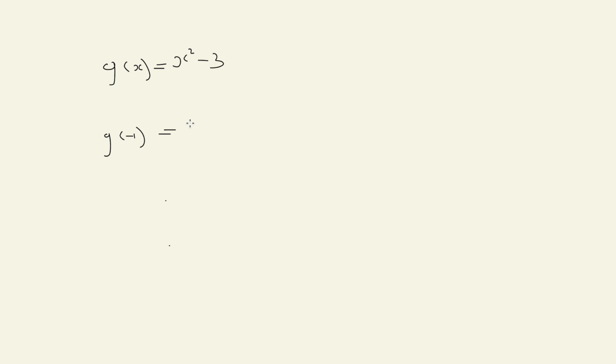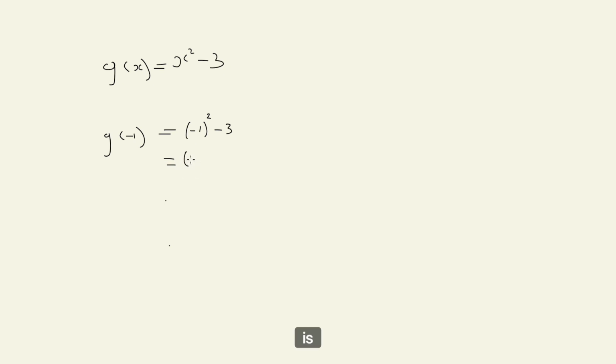We take the value minus 1 and substitute it for x in the function. Now, negative 1 squared is the same as negative 1 multiplied by negative 1.